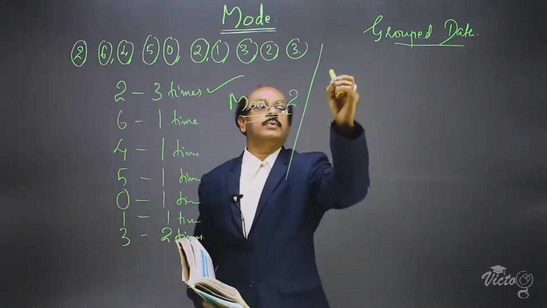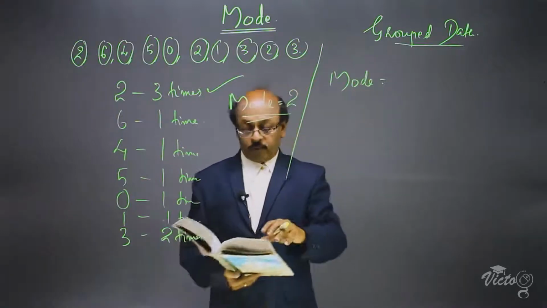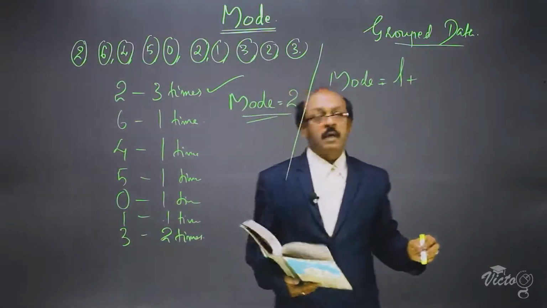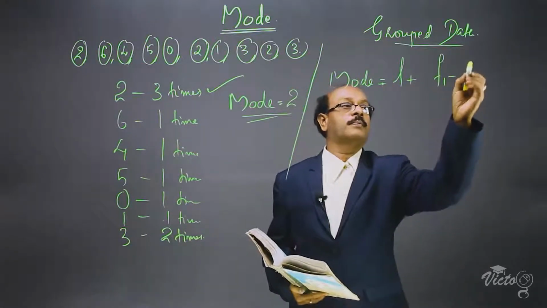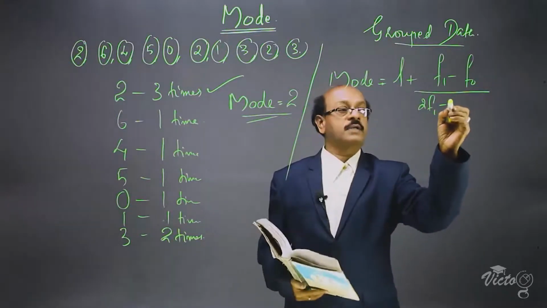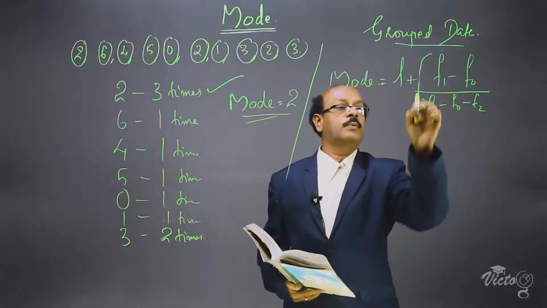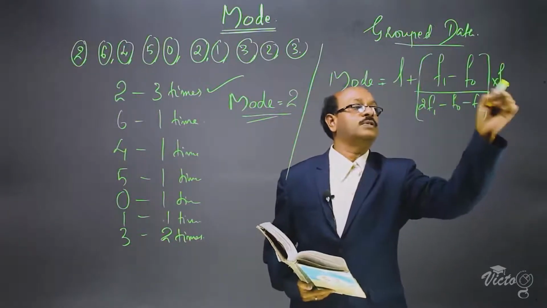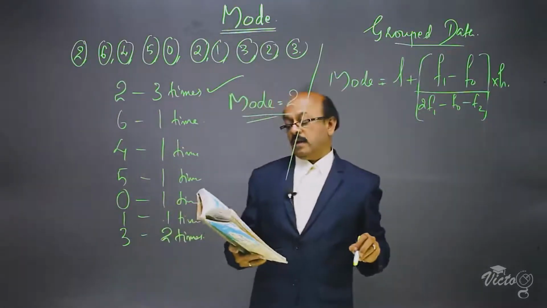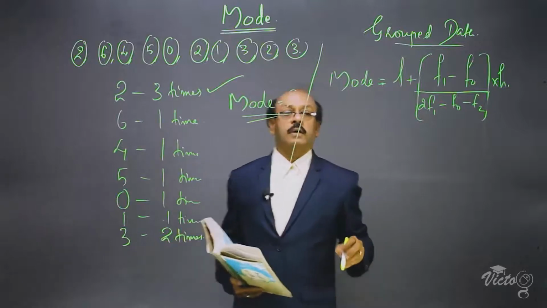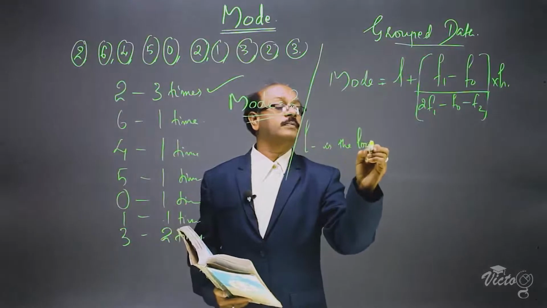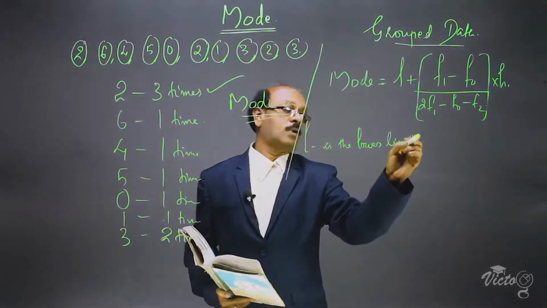Mode is equal to L plus F1 minus F0, the whole divided by 2F1 minus F0 minus F2, into H. This is the formula for finding the mode of a grouped data, where L is the lower limit of the modal class.